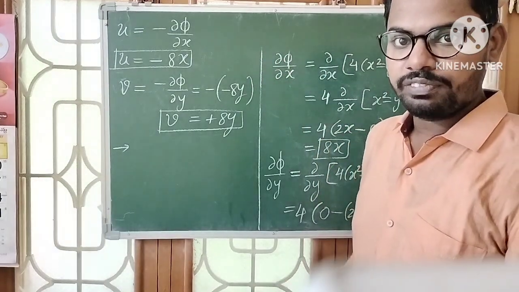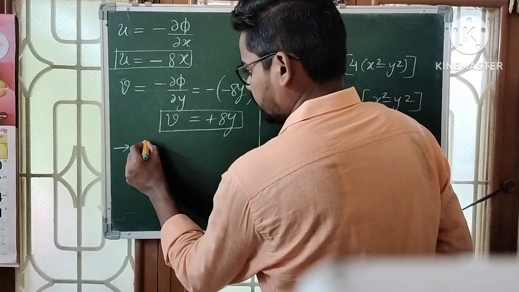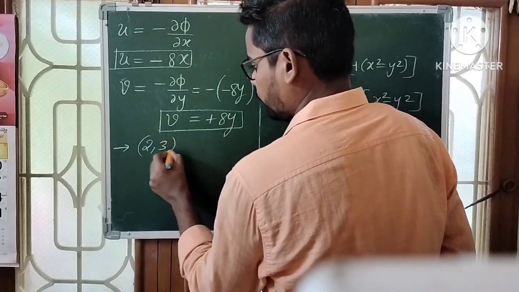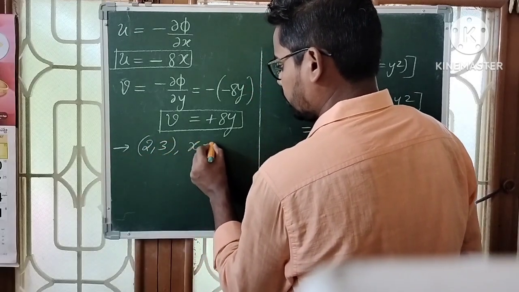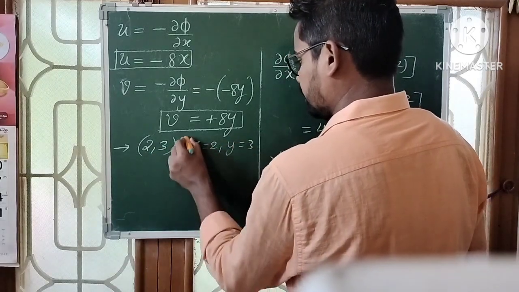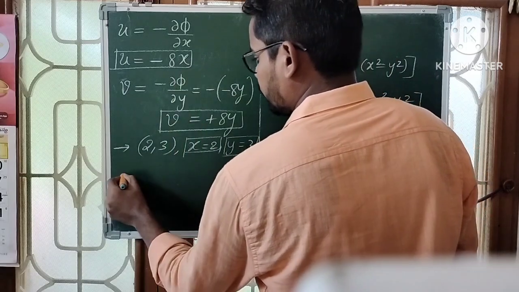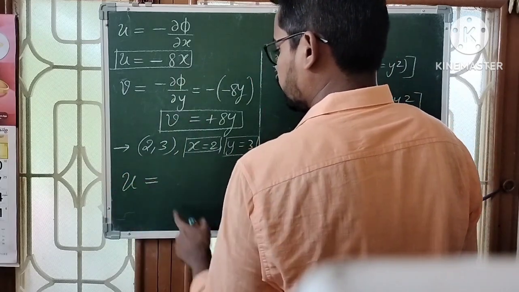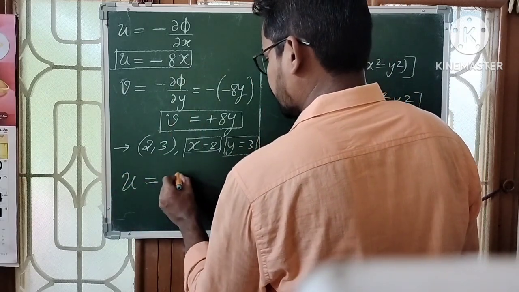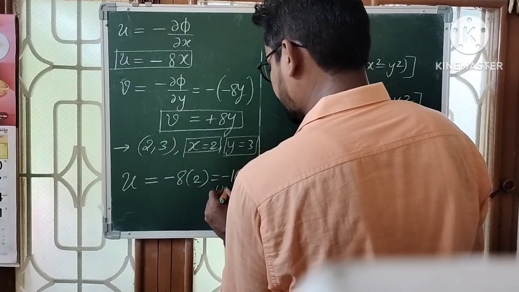Now we have to find the velocity components at the point (2, 3). At the point (2, 3), x is equal to 2 and y is equal to 3. Put x equal to 2: u is equal to minus 8 into 2, so minus 16 units.